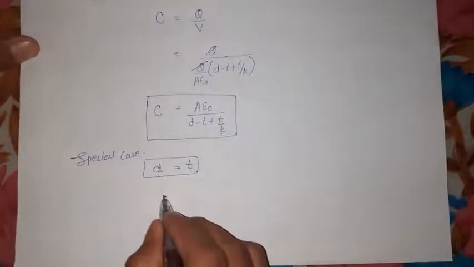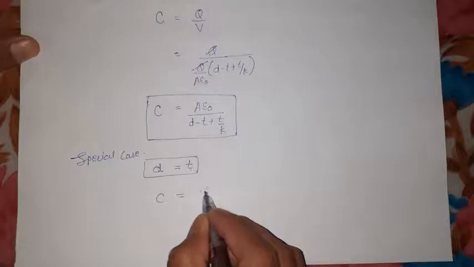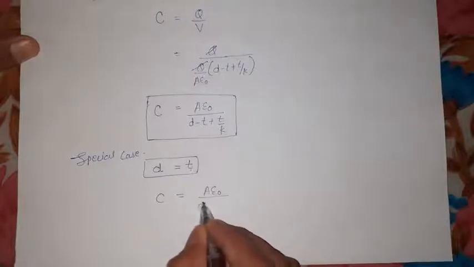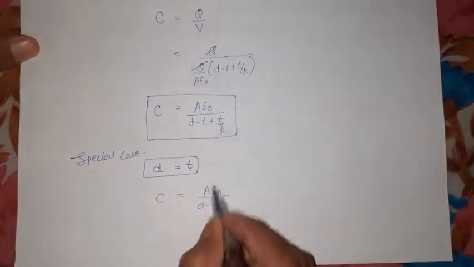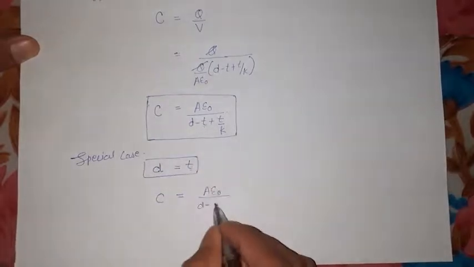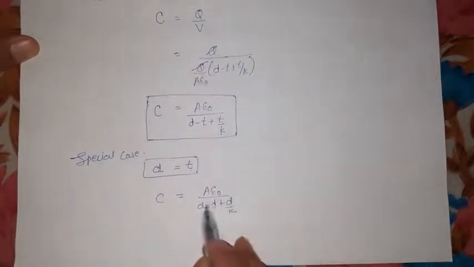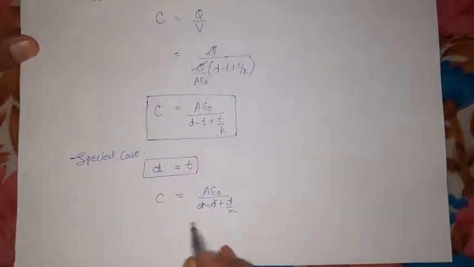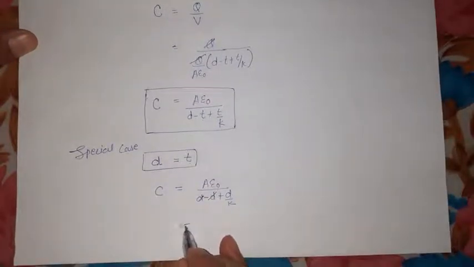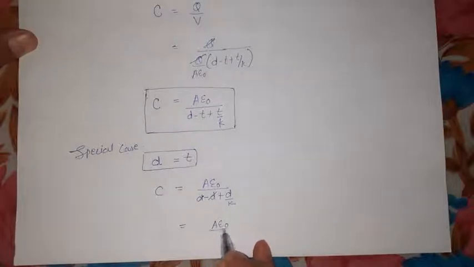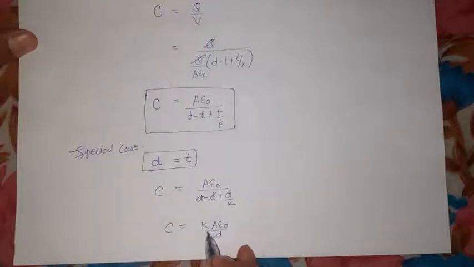This will become A epsilon naught over (d minus t plus t by k), with t equal to d, so it is d plus d by k. Okay, this is going to cancel, and finally I have A epsilon naught by d, and this k will come to the numerator. Now I have k A epsilon naught by d.